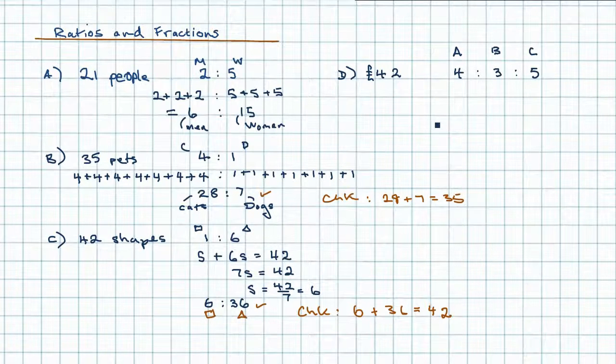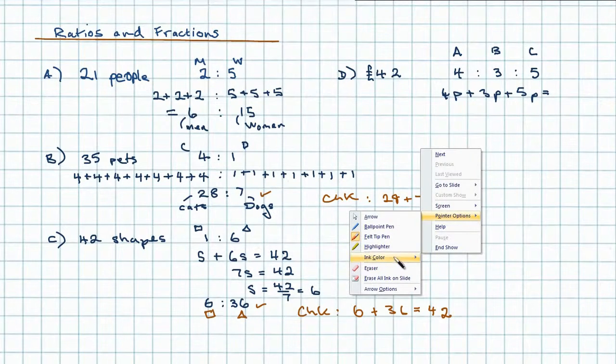So what I want to know is what my P is, what my scalar is that's going to allow me to calculate Anna's share. Well, we've got 4P plus 3P plus 5P.